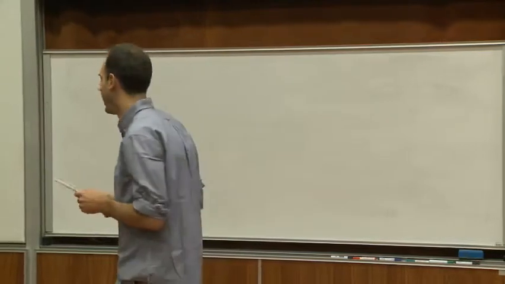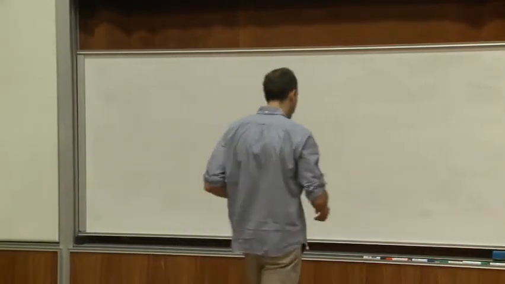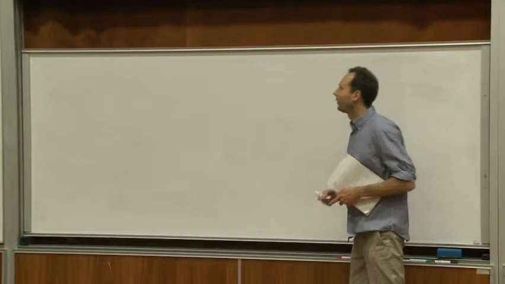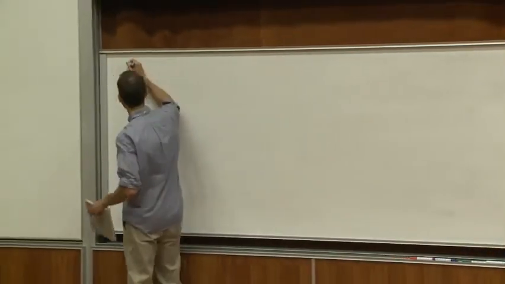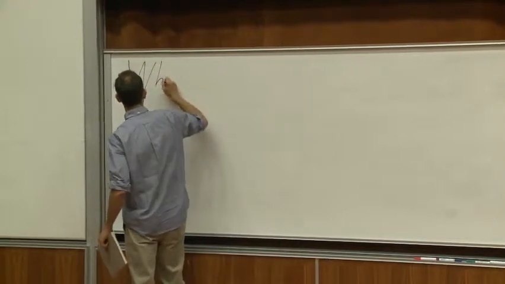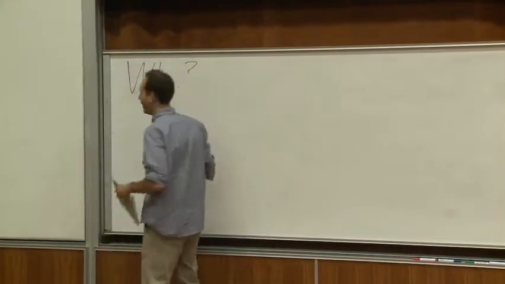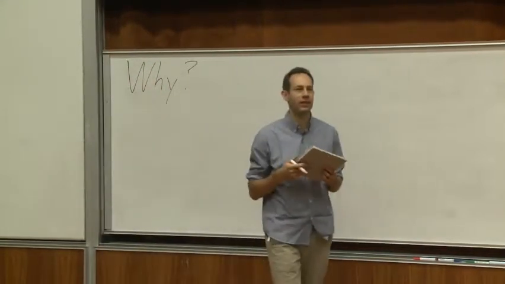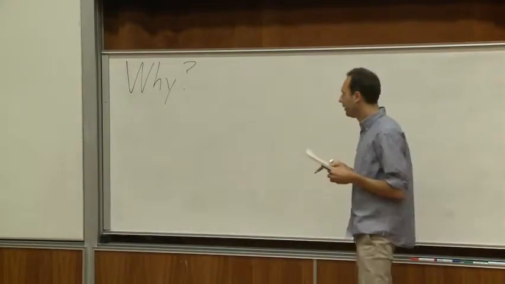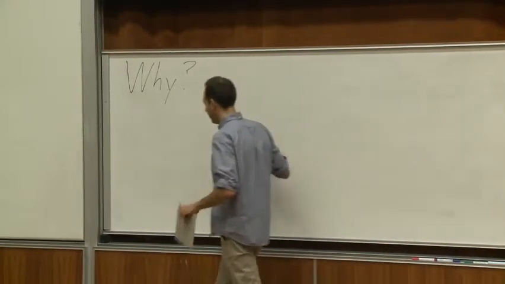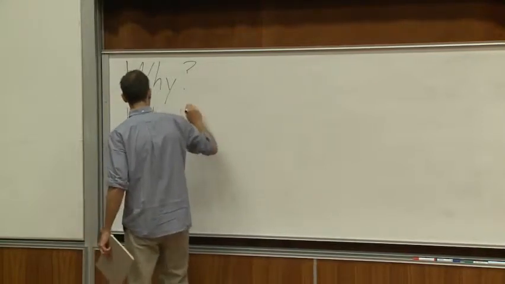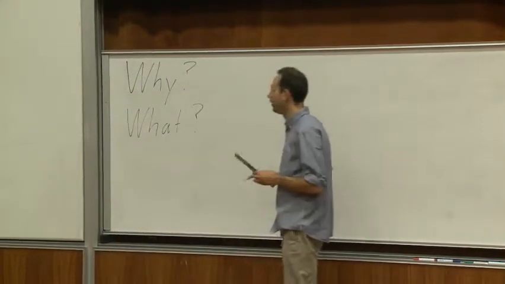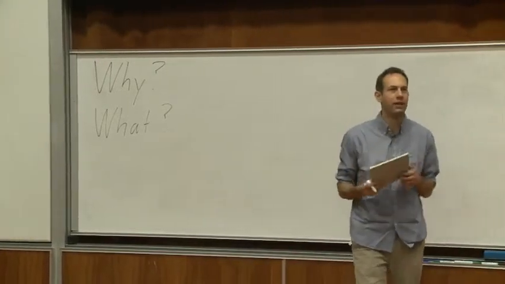Okay, so the structure of this tutorial will essentially be that it consists of 4 parts, and the 4 parts are essentially 4 questions. First, why? Why do we need to care about what I call quantitative security? Then I will, of course, tell you what it means. This will be an important big part of this tutorial: what does it mean to quantify security?